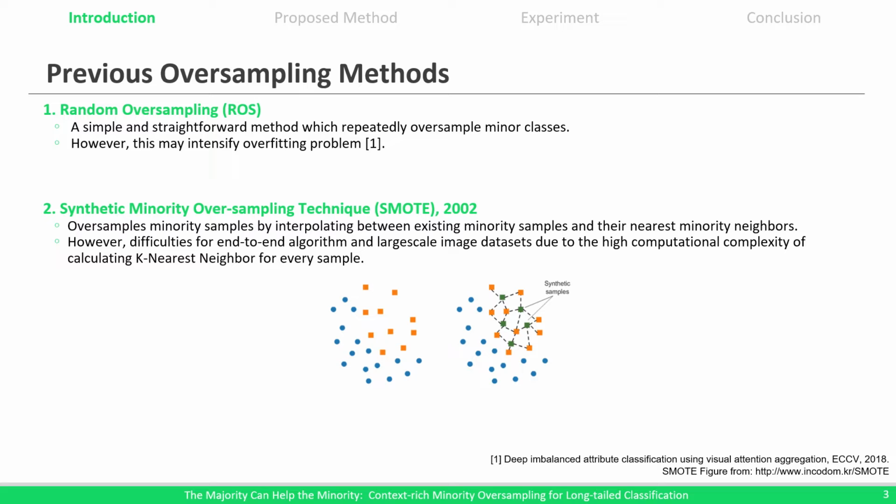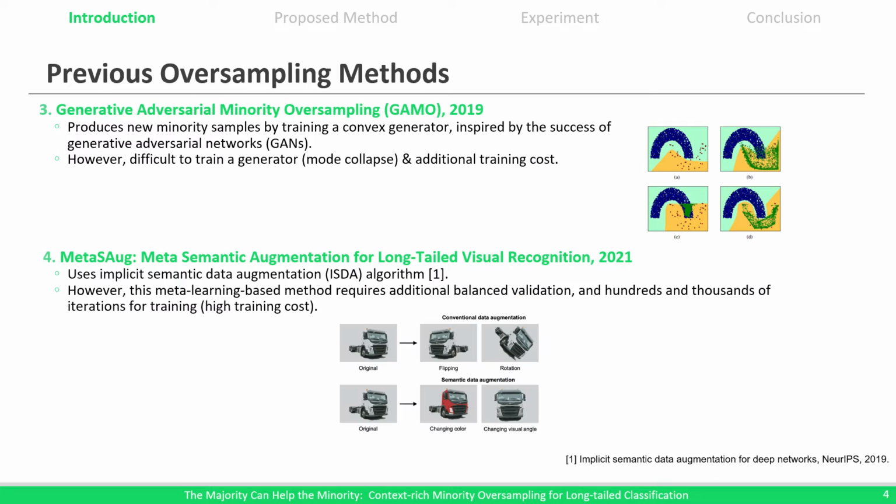Random oversampling repeatedly oversamples minor classes, and SMOTE generates new minority samples by interpolating between existing minority samples and their nearest minority neighbors. However, when the imbalance ratio is severe, these methods can intensify the overfitting problem because the oversampled minority classes have less diversity but almost similar image contexts.